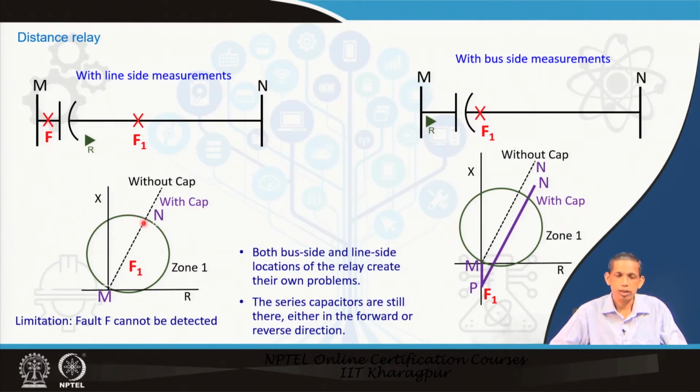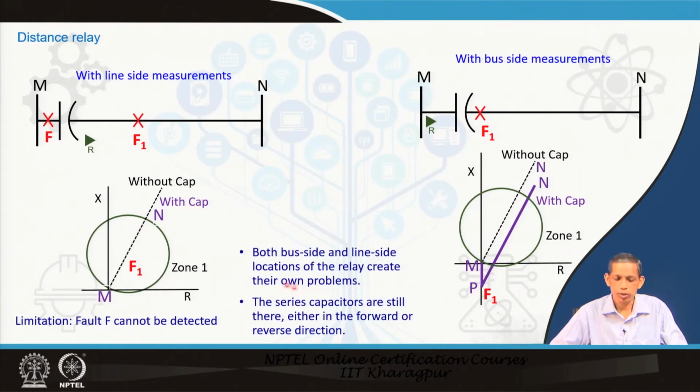But this has an associated issue: it is not able to take care of the portion between the bus and the capacitor connection. And if you see the reverse side, then the capacitor is encountered. In the forward side the capacitor is there, and in the reverse side no capacitor is there.